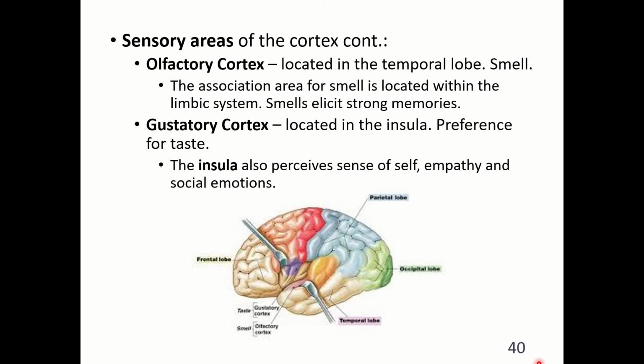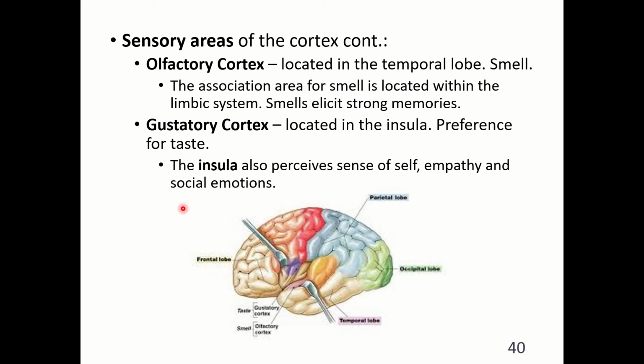So smells are very powerful in bringing up memories and emotions. And then we have the gustatory cortex located in the insula. So the primary gustatory cortex will receive the taste sensation, and then the association area will have the memories of that taste.